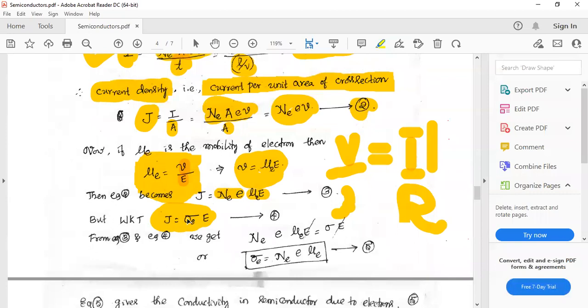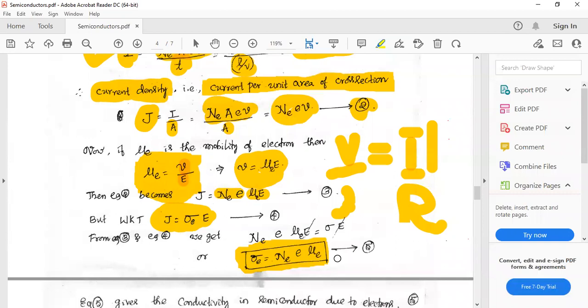Therefore, I am left with sigma_e is equal to N_e e mu_e. This is the expression for electrical conductivity if I consider only electrons as the majority carriers.